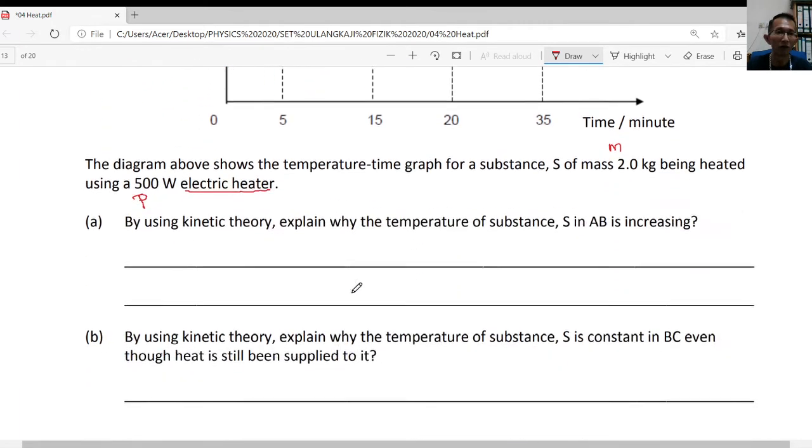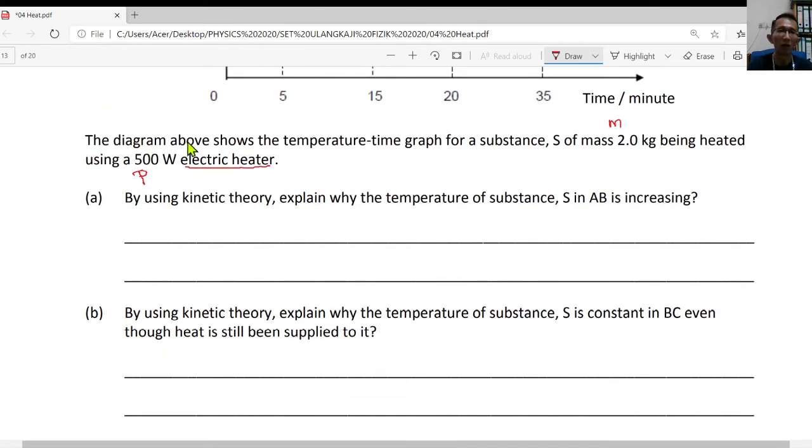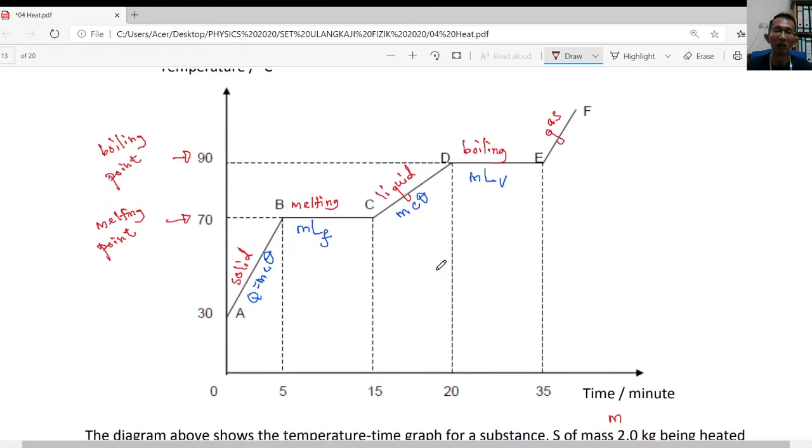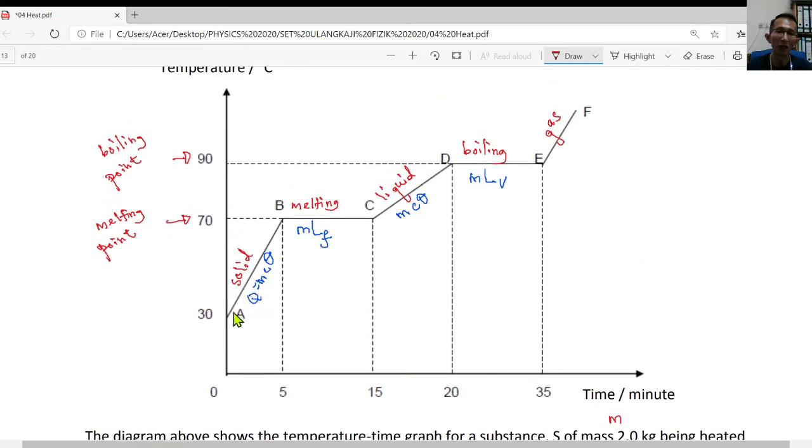Let's move forward. By using kinetic theory, explain why the temperature of substance S in AB is increasing. The temperature in AB increased from 30 to 70. So why does the temperature increase?